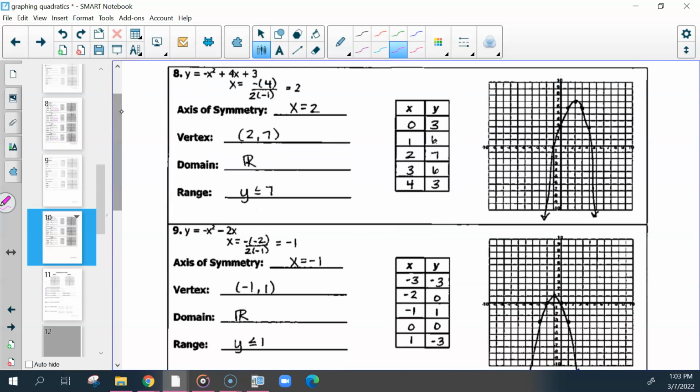Axis of symmetry is x equals 2. Vertex is (2, 7). Domain is the same, all real numbers. Range starts at negative infinity and goes to positive 7.